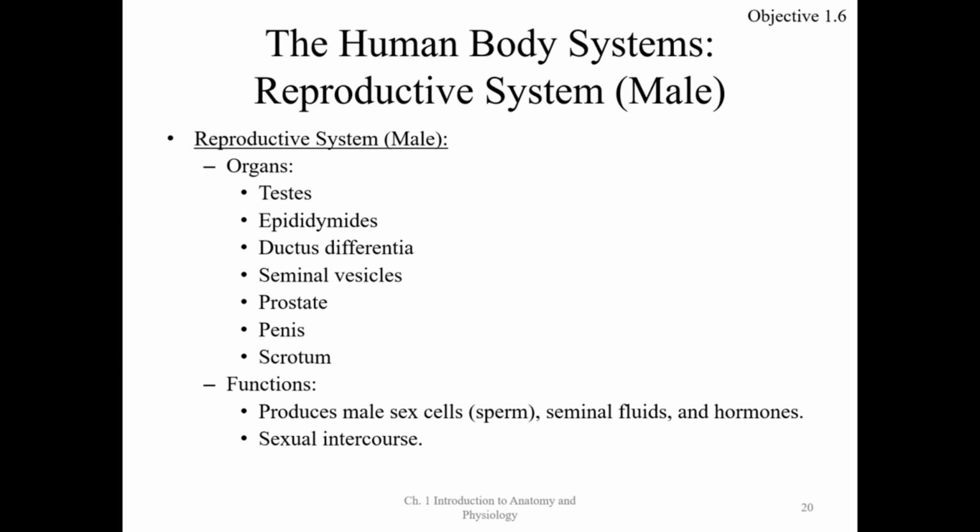We're going to look at the reproductive system for male and female. Male: the testes, the epididymis, the ductus deferentia, the seminal vesicles, the prostate, the penis, the scrotum. We're going to see it functions to produce sex cells, the sperm, and seminal fluids, semen, and hormones, and is also involved in sexual intercourse.